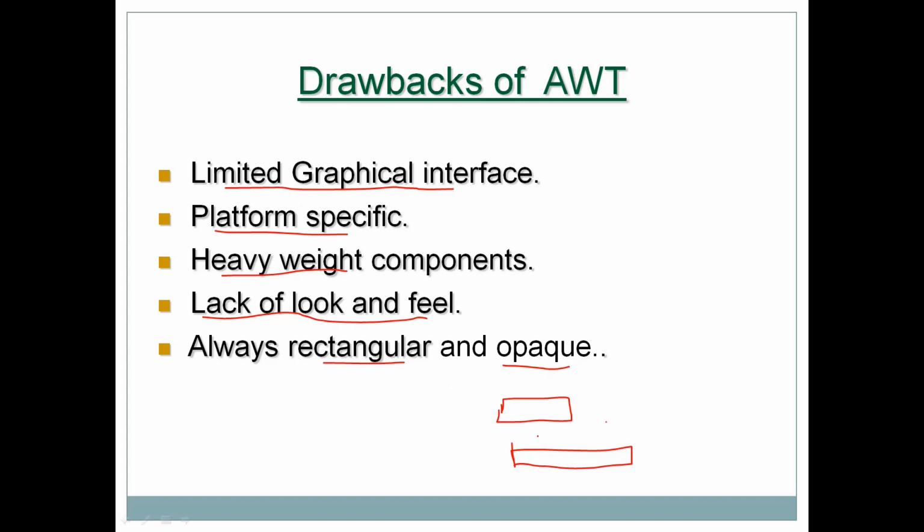And these components are opaque, meaning the background of the component cannot be removed. It has a solid background behind it. We cannot make this component transparent. So this is also one more drawback of the AWT framework.